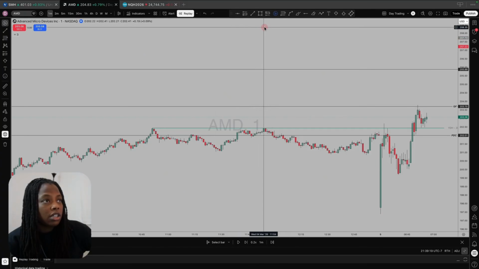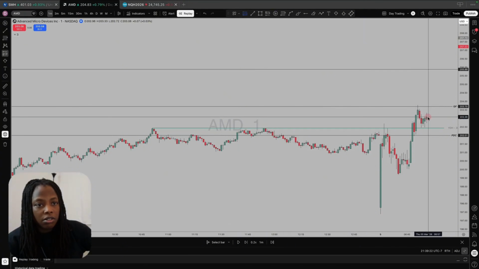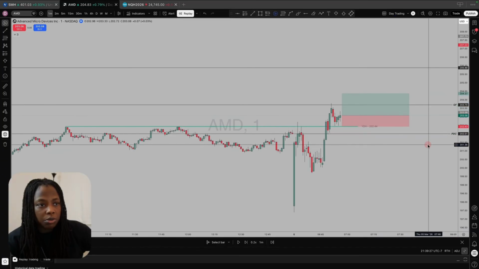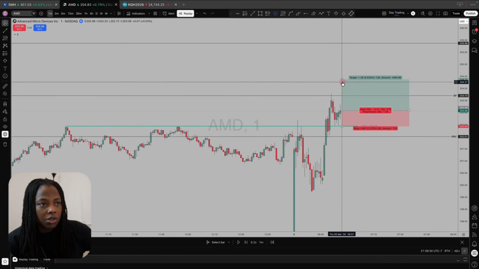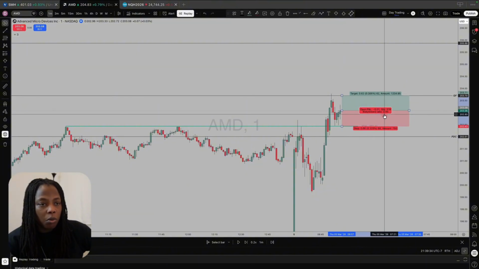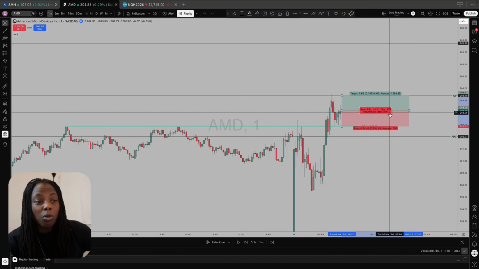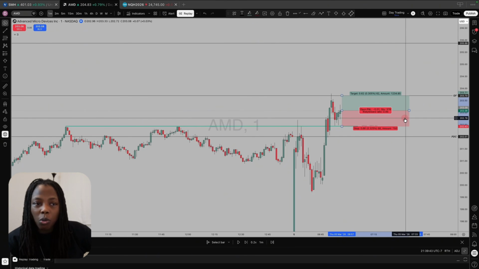Look at this. If you had entered this trade right here, and what your stop loss is right there, just bring it closer so you can see, and you're targeting the higher day. One red flag, your risk to reward is 0.94. It's not even up to 1.